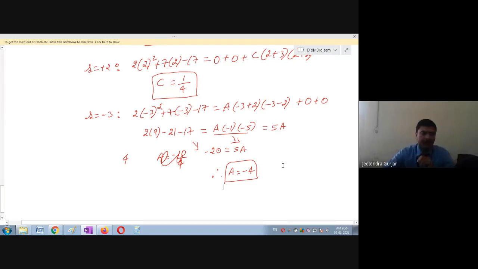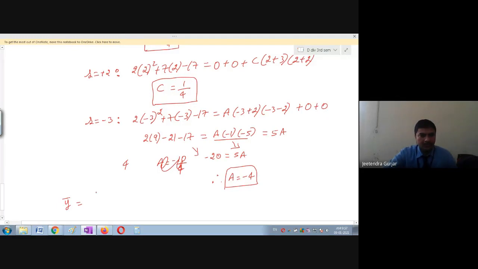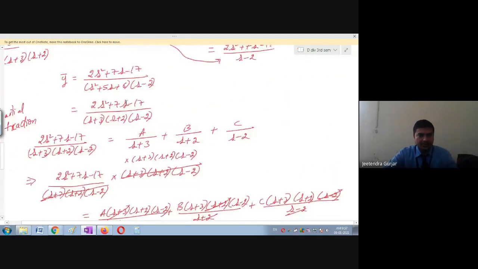Yes, sir. Okay. So now we'll substitute in this y dash. So y dash is equal to, now I'll substitute here, where is A? Yes, this is our value. Y dash is equal to A upon S plus 3. I will substitute all the values.